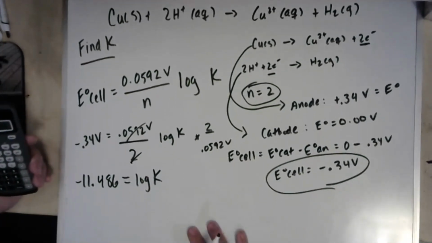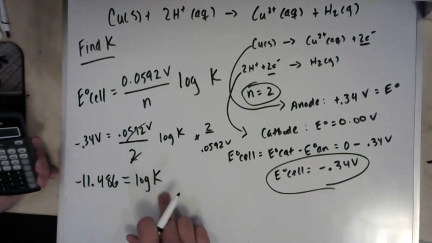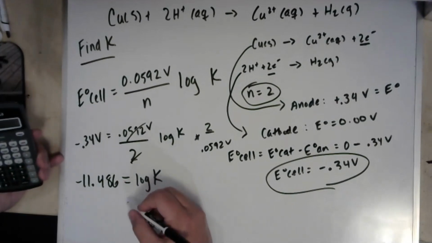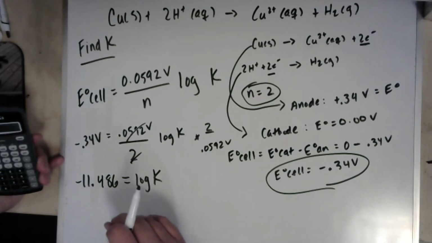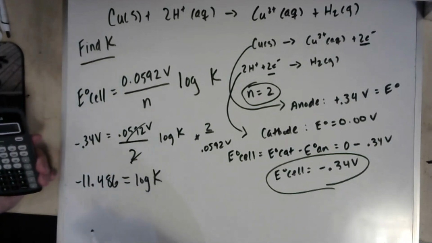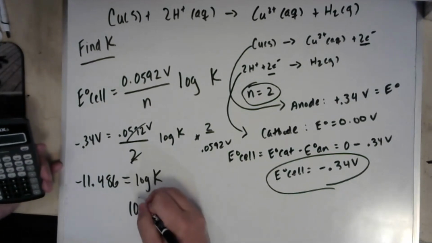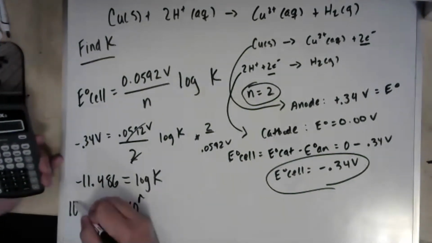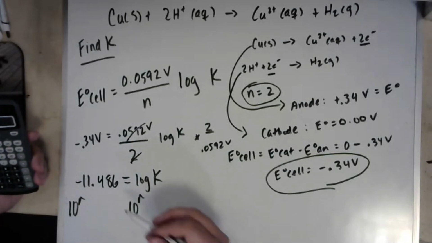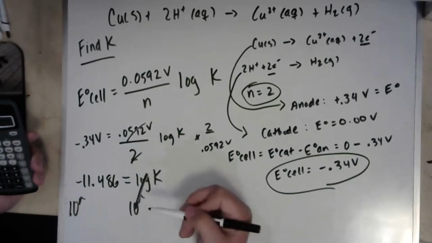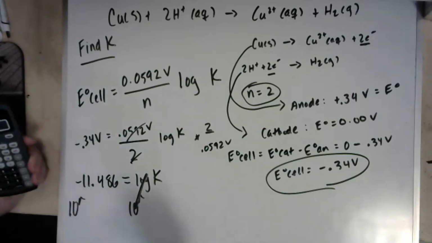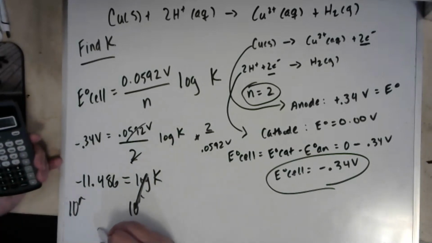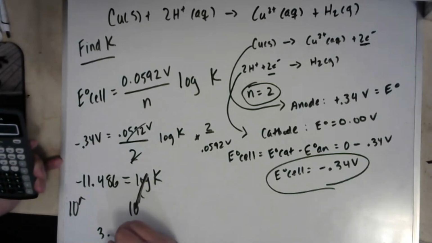Okay. Now to isolate K, I'm going to have to raise both sides 10 to the 10 to the 10. That's how you say it. So I'm just going to do that and that. This is going to cancel out. And I get a value of 3.26.